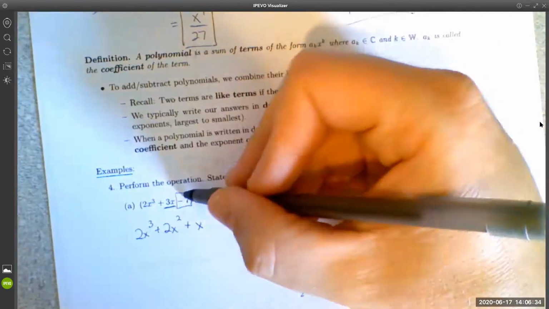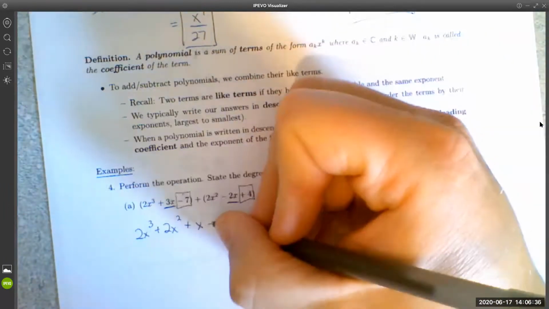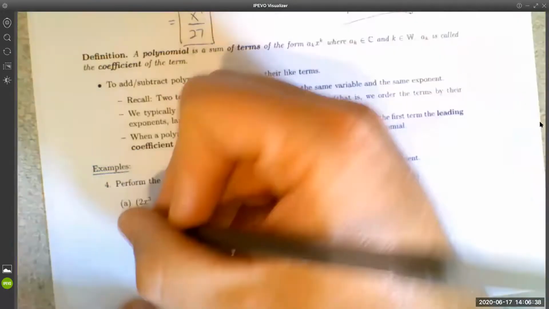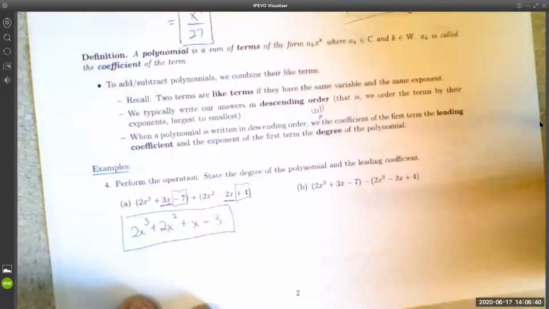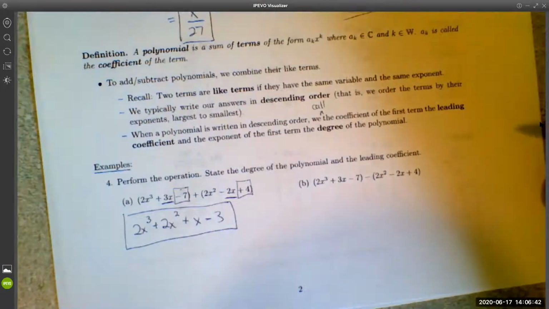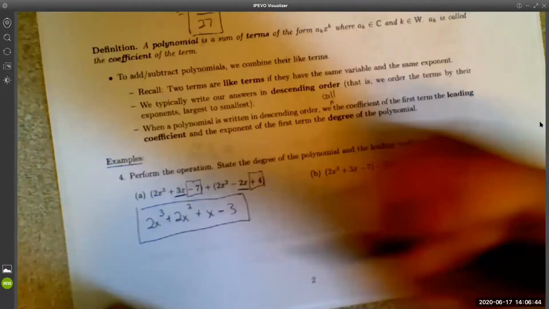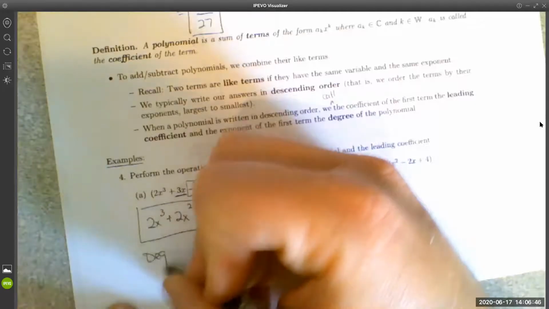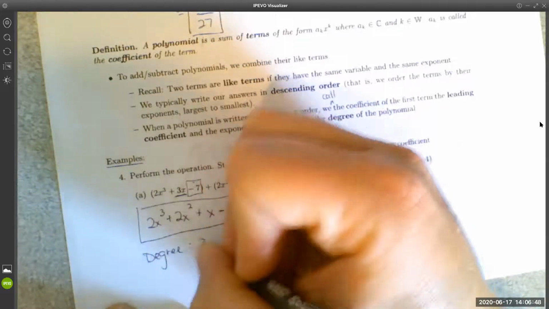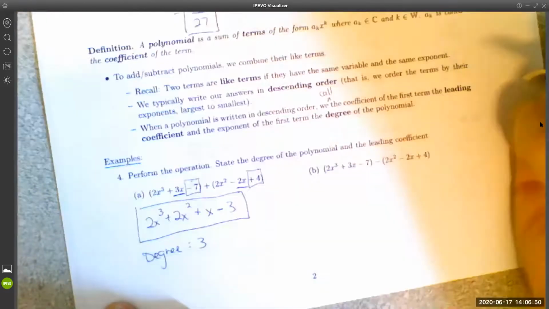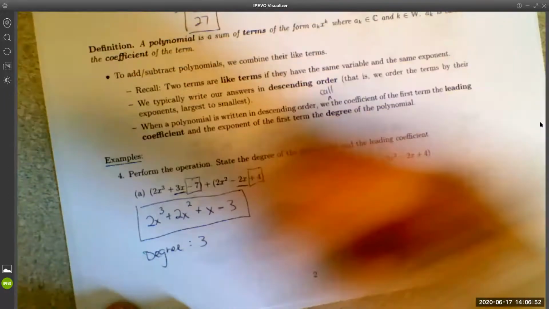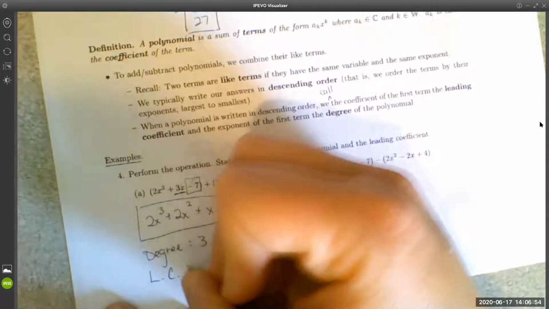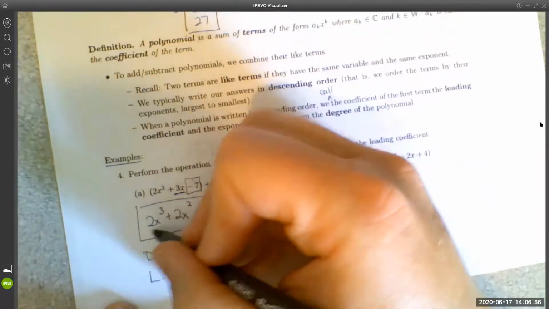So I've got a negative 7 plus 4. That makes a negative 3. So there's the new polynomial that I get. The degree of this polynomial is 3. Right? It's the exponent of the first term. And the leading coefficient of this polynomial is 2. Right? It's the coefficient of the first term.